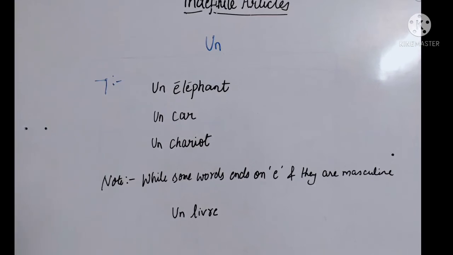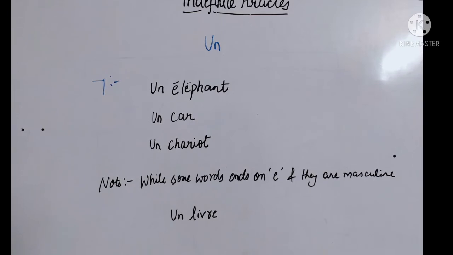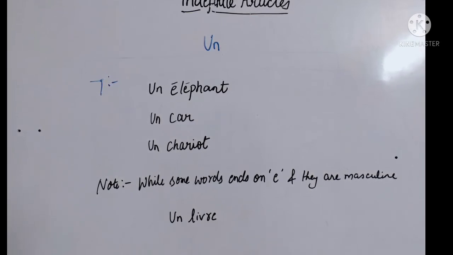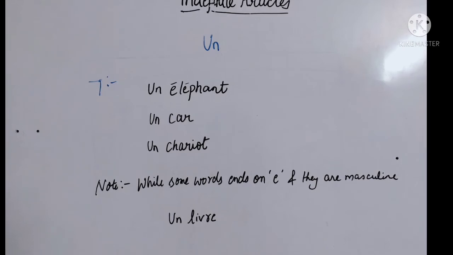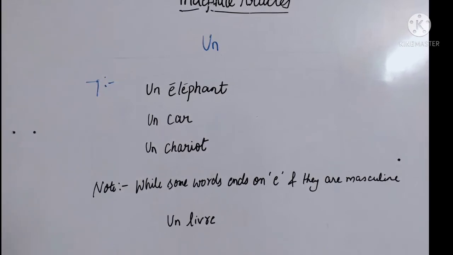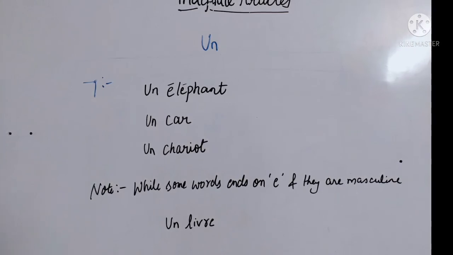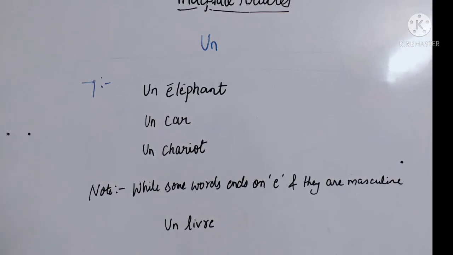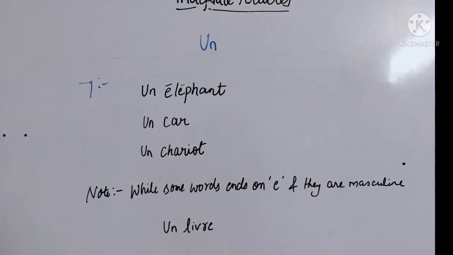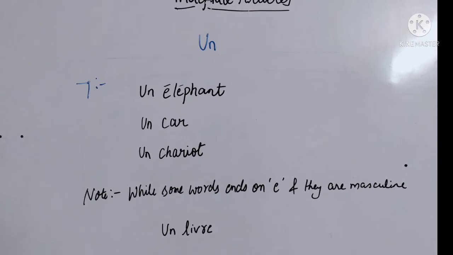The feminine ones we discussed in the previous slide; now we'll be discussing the masculine ones. A leaf, a book: it ends on e but still it is a masculine case. So this is not a permanent rule, but what I suggest is to always remember the noun along with its article. It will be easy for you when you use it.